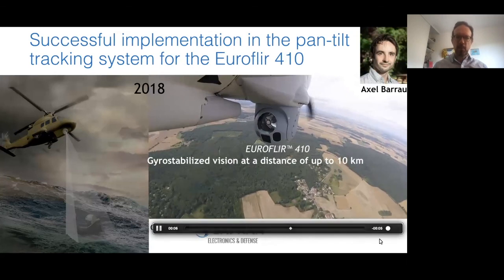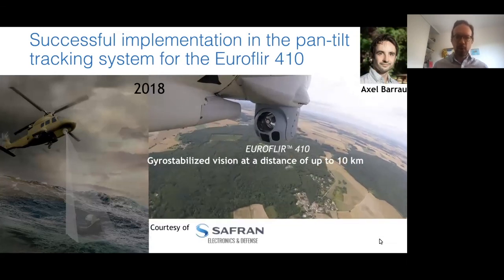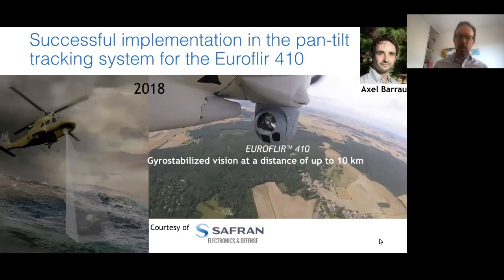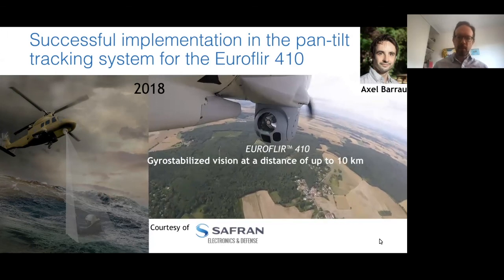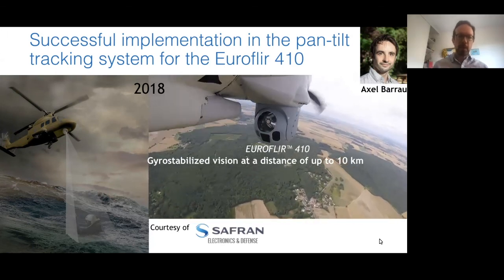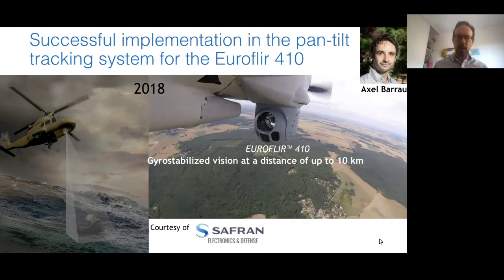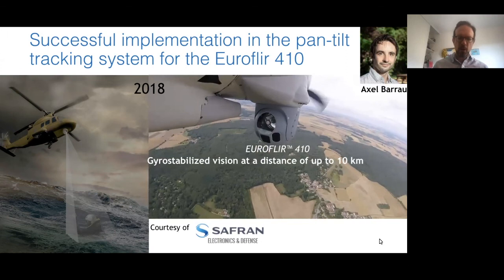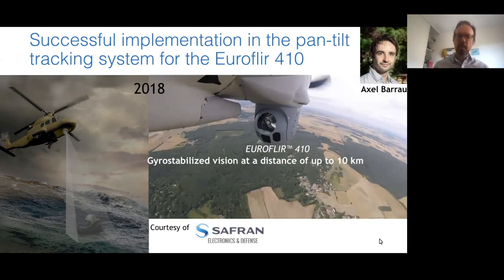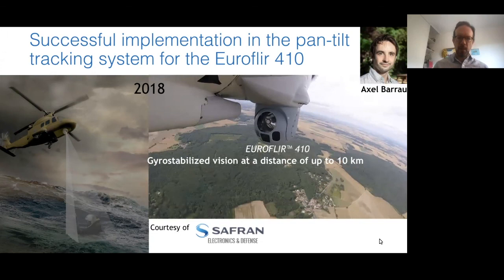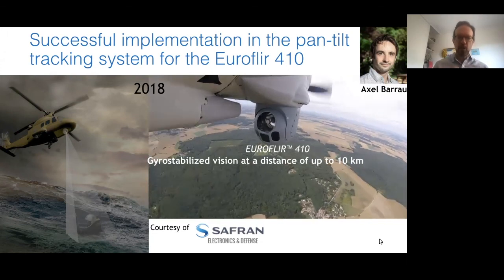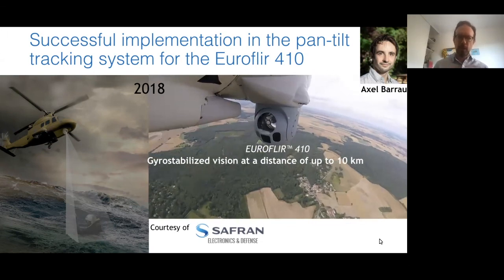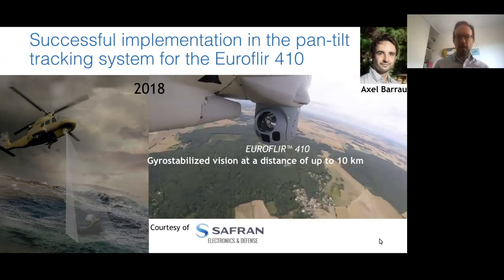It also equips police helicopters, and of course is used for defense purposes. It's equipped with a telescope, and it stabilizes the vision at a 10-kilometer distance. And of course it comes with its own localization system, and thanks to finding the position and the orientation of the ball very accurately, you can geolocalize what you observe 10 kilometers away.